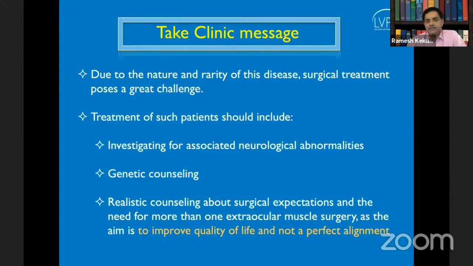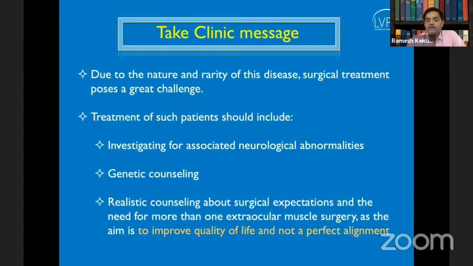So in terms of take-home message, due to the nature and rarity of this disease, surgical treatment poses a great challenge to all of us. Investigating for associated neurological abnormality is important. Genetic counseling is difficult to get for every patient, but if you do it, it's important.